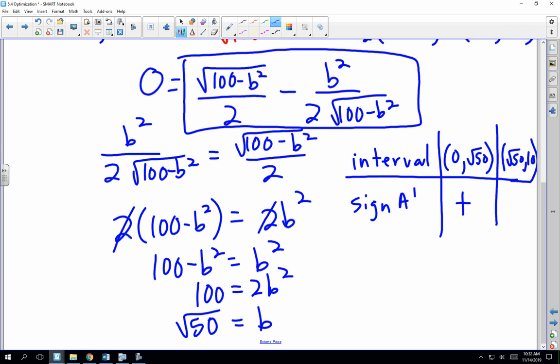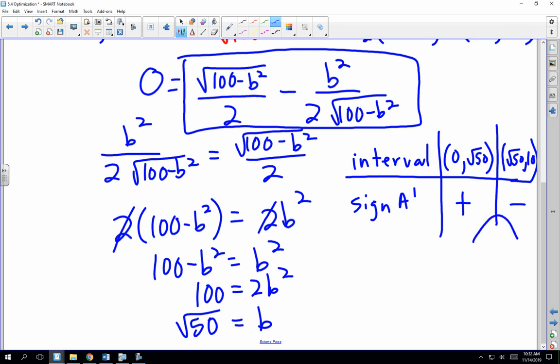And then if I plug in something like, is 7 big enough? Or let's plug in 9 to be safe. Too hard to multiply 1.2 times 5. But anyways, I think we're okay with 8. But if you plug in 9 here, you'll get negative. It goes from positive to negative.